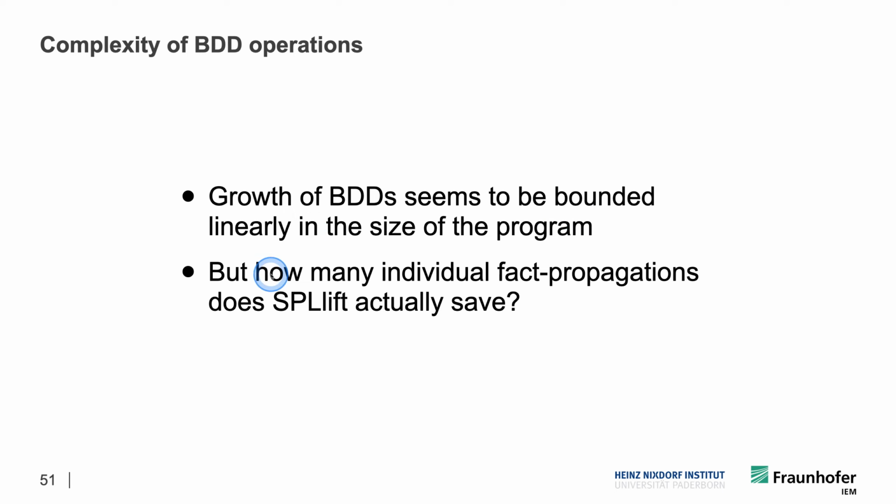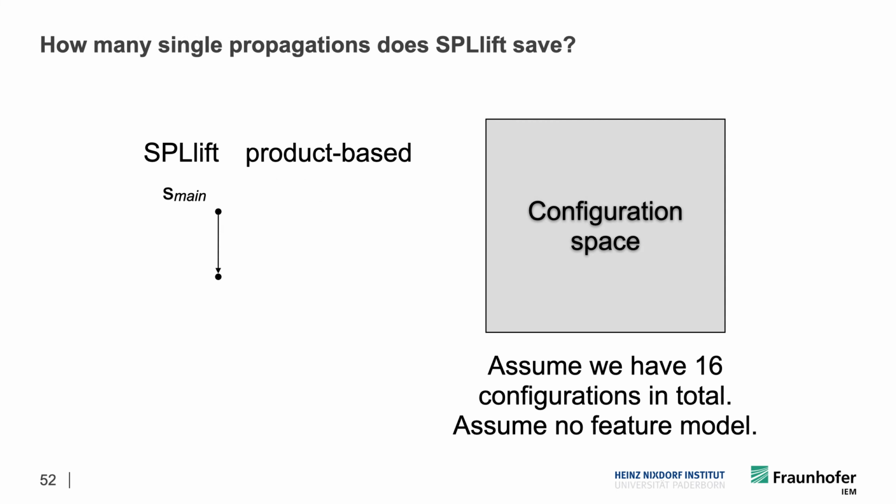But the question is then, how many individual fact propagations does SPLift actually save compared to a product-based approach? And that's something I want to show you on the next few slides. So let's assume we have a starting point as main, and we are starting our analysis from there, and we have some data flow here, okay?